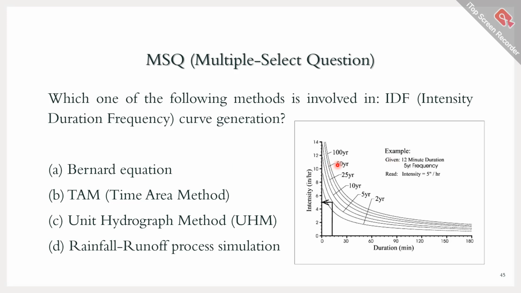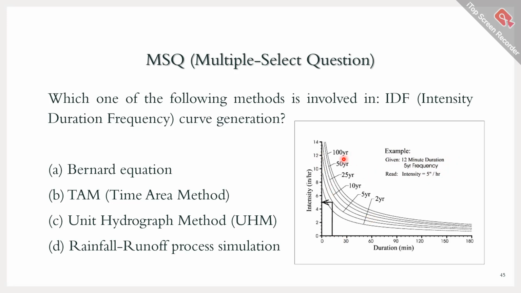This is how an intensity, duration, frequency curve looks like, the IDF curve, where intensity in inches per hour is plotted on the y-axis and the duration of rainfall in minutes is plotted along the x-axis. For example, 10-minute duration and 5-year frequency is given to you.